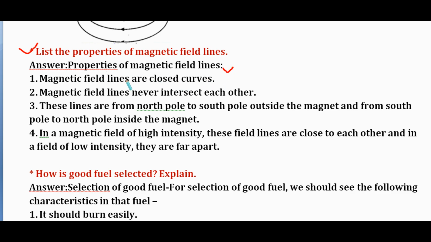Properties of magnetic field lines are: magnetic field lines are closed curves. Magnetic field lines never intersect each other. These lines are from North Pole to South Pole outside the magnet and from South Pole to North Pole inside the magnet. Fourth, in a magnetic field of high intensity, these field lines are close to each other, and in a field of low intensity, they are far apart.